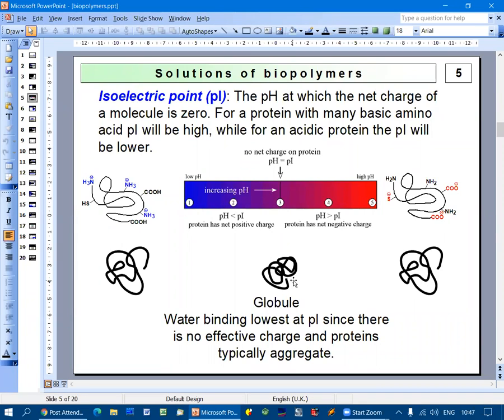First of all, no charge, and water molecules are polar molecules. And with a tightly packed structure, water molecules won't be able to penetrate inside this globule. And the film of bound water in the globular form of a molecule of protein will be very thin.